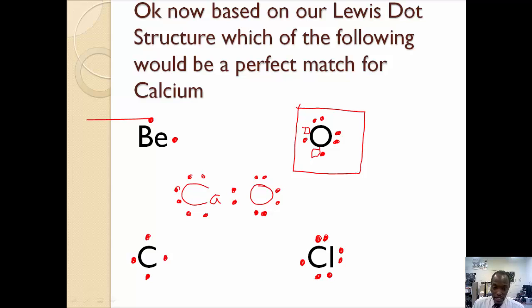Alright, and instead of writing it that way, you can also write it this way, because it's understood that if you do not write the dots and you just draw it this way, that these areas around them are already matched up or complete, and this shows basically this relationship here. Alright, so that line is the same thing as 2 dots.